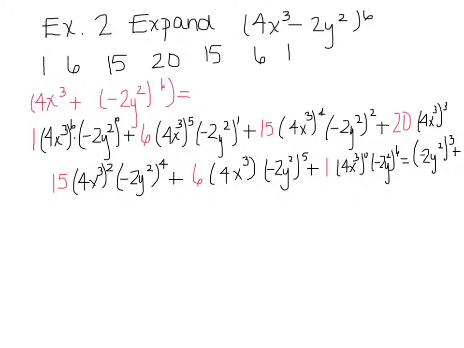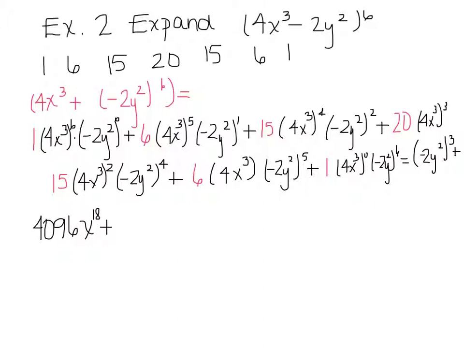Alright, so now we're going to simplify it. Okay, you're going to do exponents first. So we have 4 to the 6th power. That means 4 times itself 6 times, which will give us 4,096, and that'll be x to the 18th power.